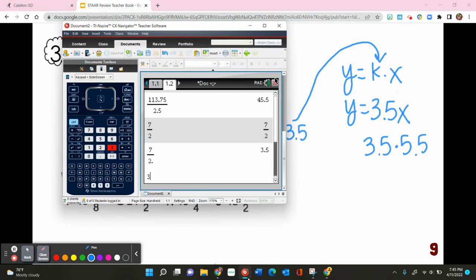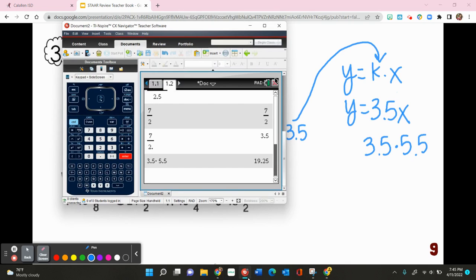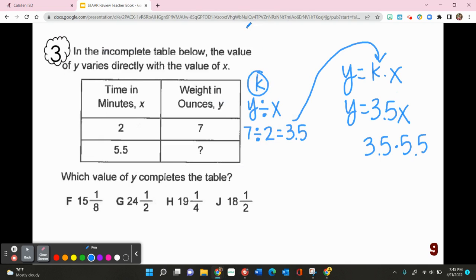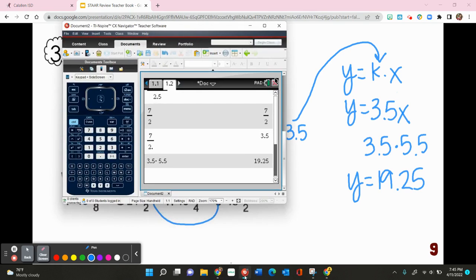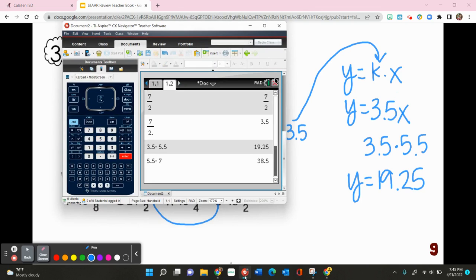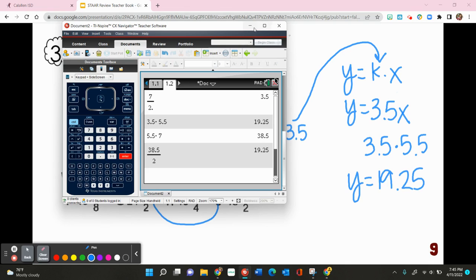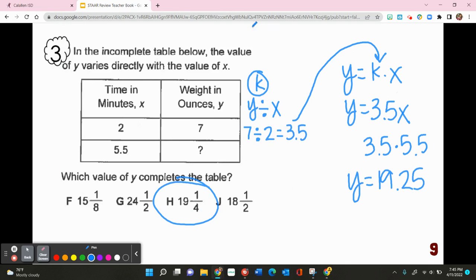So opening up my calculator, 3.5 times 5.5, I get 19.25. So here y equals 19.25, which means H is my answer. Now, again, you could also solve this doing box and tail by cross multiplying 5.5 times 7, dividing by 2, you're going to get the same thing, which is 19.25.